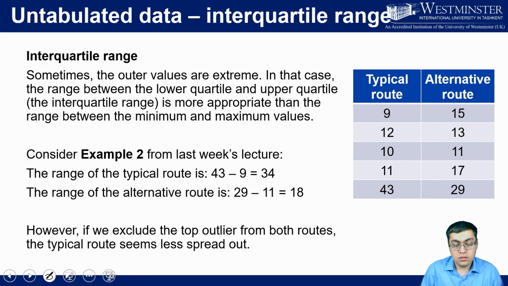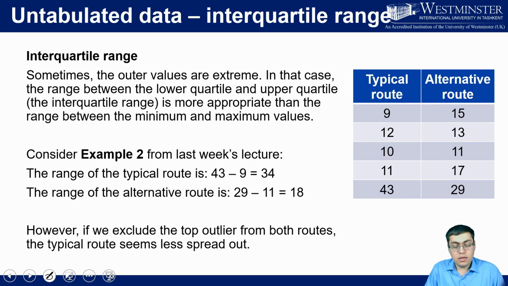In some situations, the outer values, that is the minimum or the maximum values, could take on extreme numbers. In that case, calculating the range between the lower and upper quartile is more appropriate because this outlier will cause the range to be misleadingly large. Let's consider example 2 from last week's lecture.